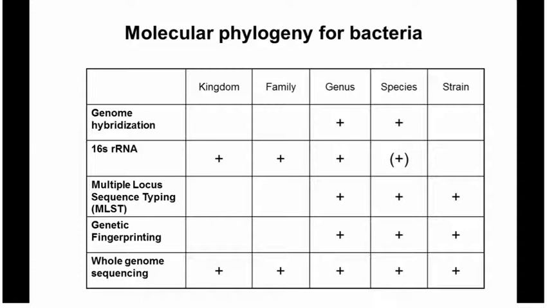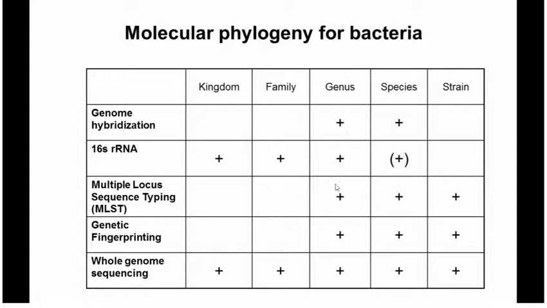If you've got two identical bacteria, the genomes are identical, so all the DNA is going to hybridize on the filter and 100% is retained. The further apart they are genetically, the less radioactivity is retained. So this was the first molecular method, and you can get good identification down to the genus and the species level.